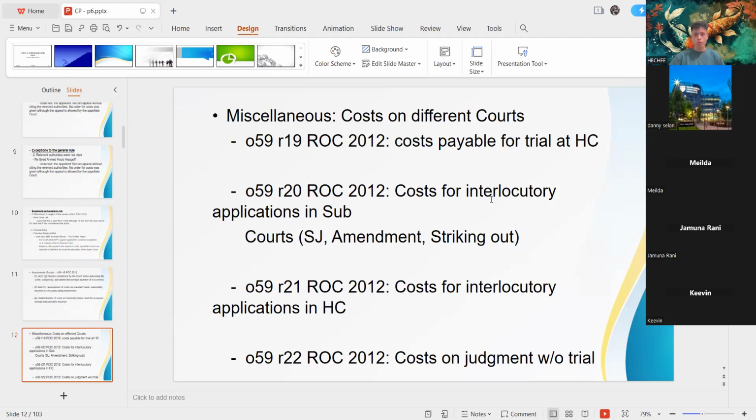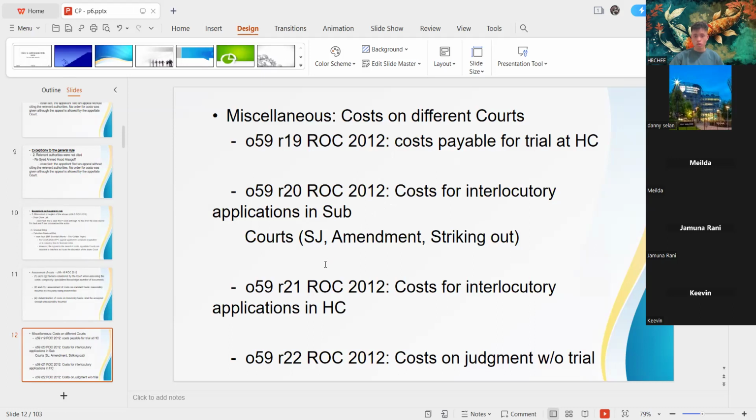Okay, now we come to the miscellaneous part, the costs. Order 59, Rule 19 is the cost payable for trial at High Court, and Rule 20 is for interlocutory applications in the sub-courts, like what we used to file, a notice of application supported by affidavit, the NASA, which I'm always using in the previous slides.